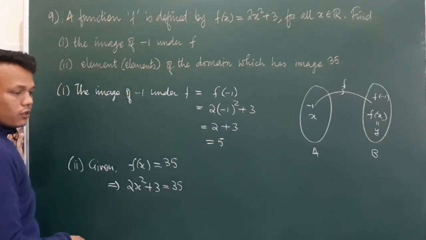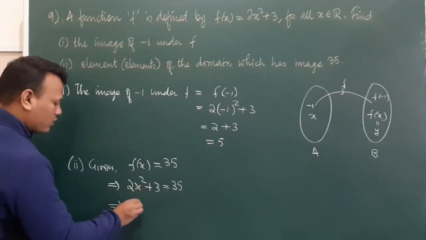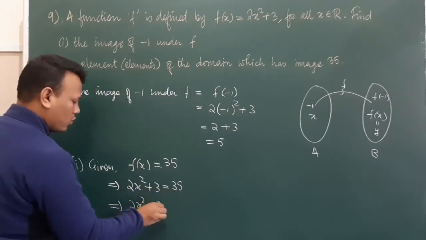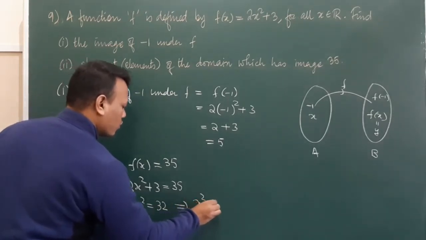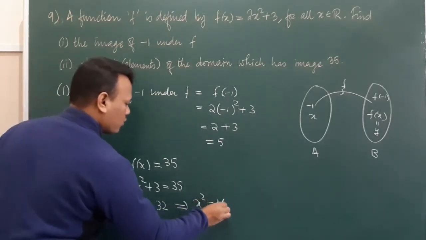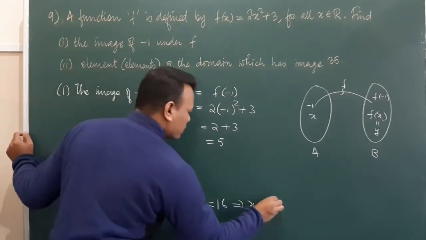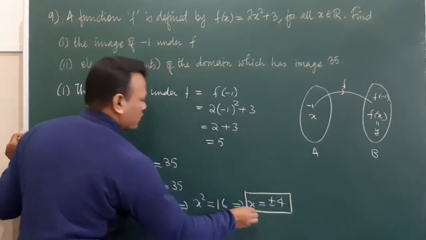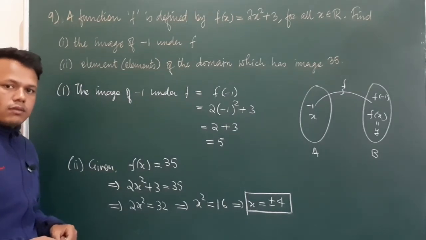So 2x squared equals, this 3 goes over there, becomes 32. So from here we have x squared equals 16. Therefore x turns out to be square root of 16, which is plus minus 4. So your answer for the second part is plus minus 4. Pause the video and note it down.